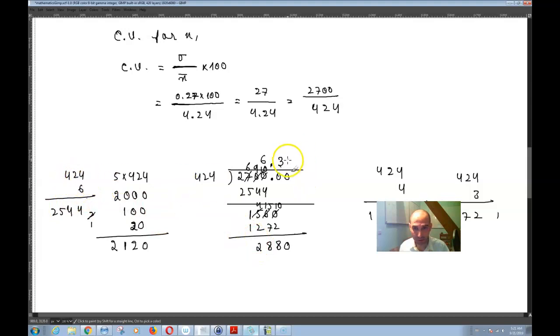So you have to go with 6 times, 2,544, and you will get some remainder here. I'm going to take this as 6.4. 6.4. That's the coefficient of variation for x.